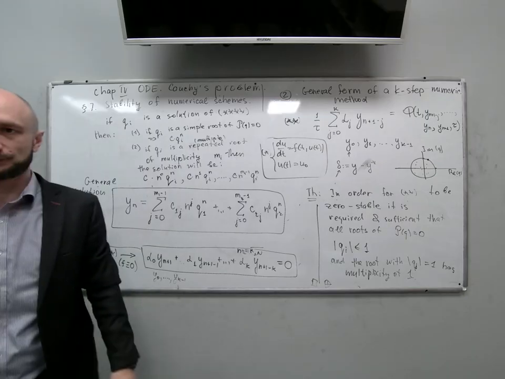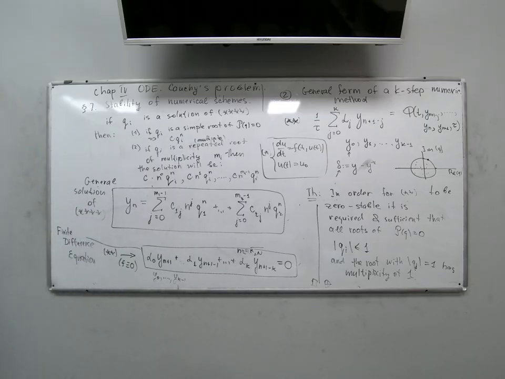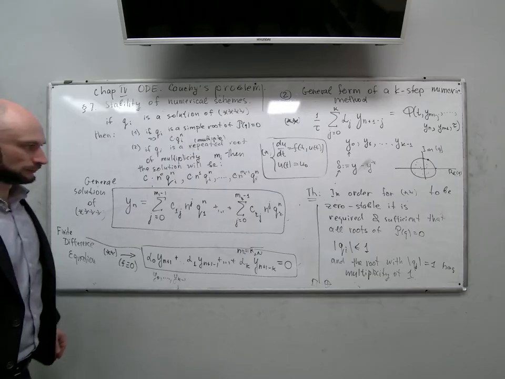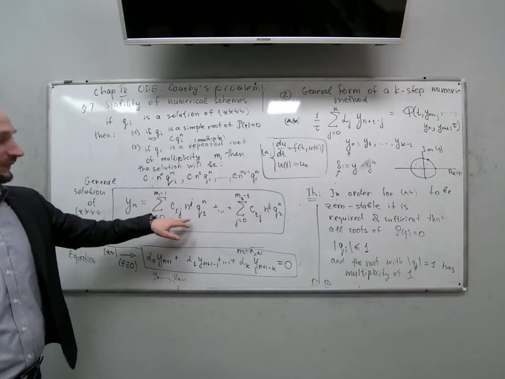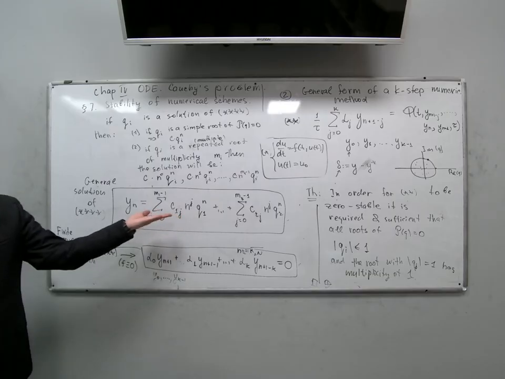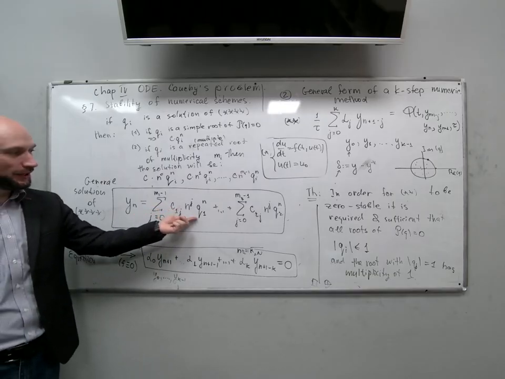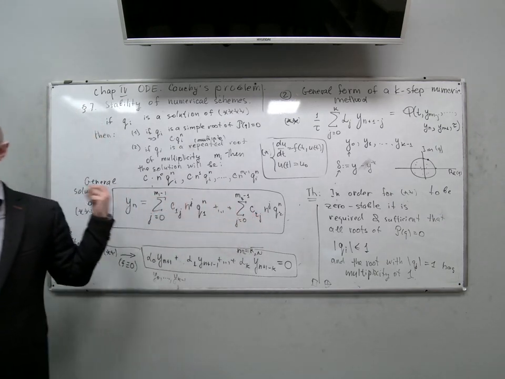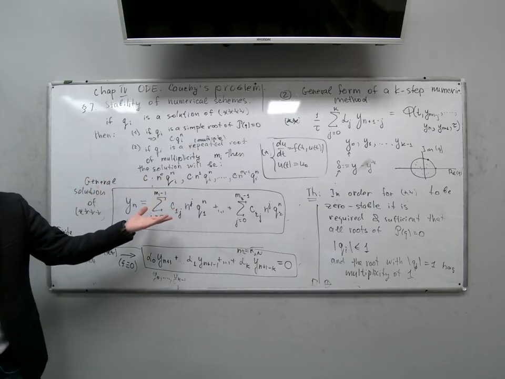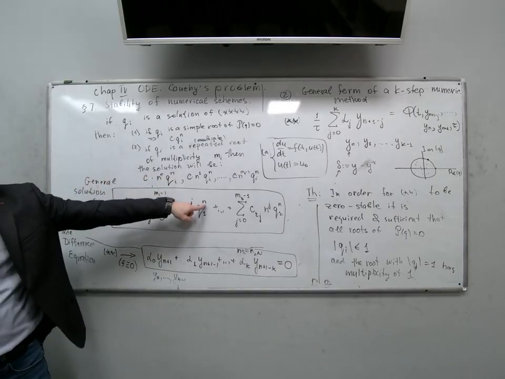So, because of this general solution, like q to the power of n, if q is less than 1, it does not grow. Yes, you can see it from this formula. If q is less than 1, every term in this formula will tend to 0 as n tends to infinity.